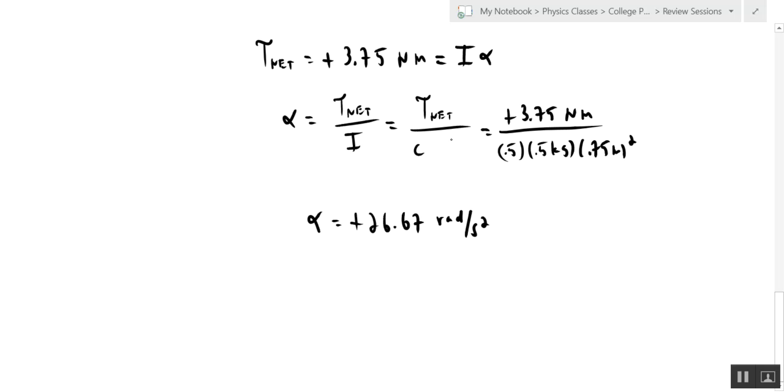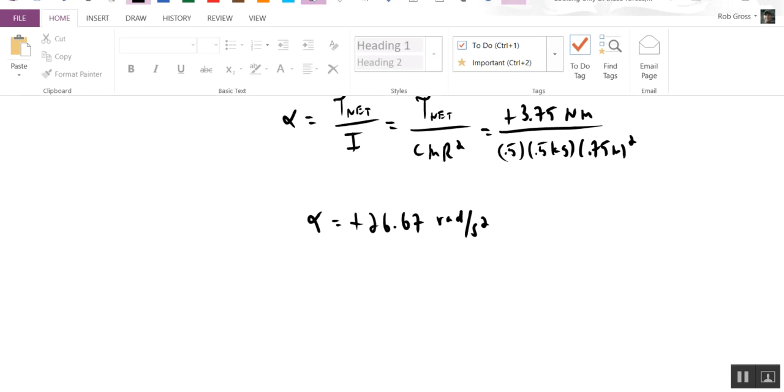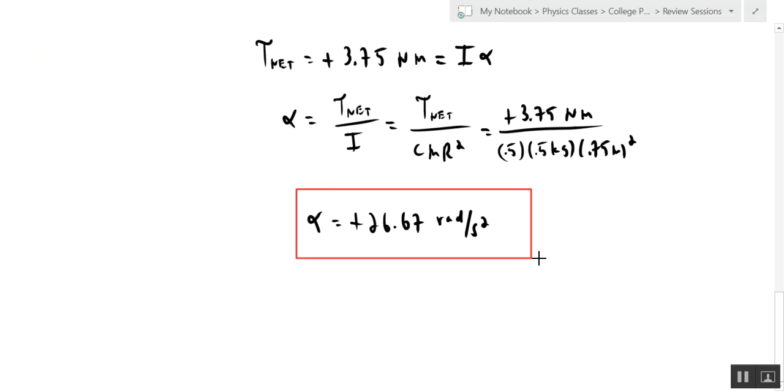All right. So that is the angular acceleration. All right, one more part.